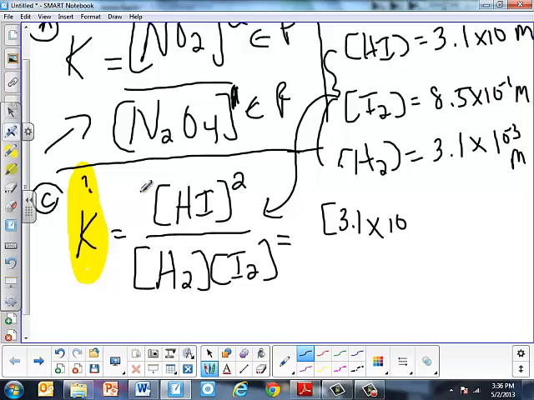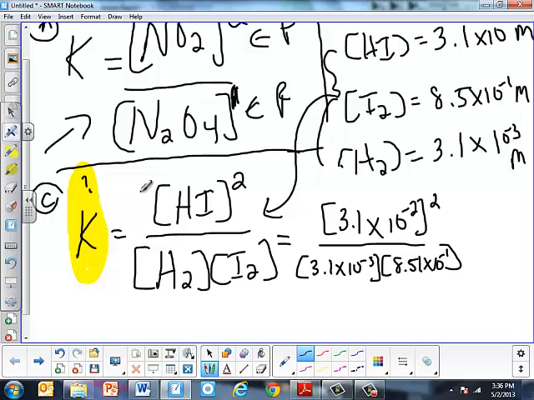I'm going to have 3.1 times 10 to the negative second, and I have to square it, over 3.1 times 10 to the negative third times 8.5 times 10 to the negative first. All I did was take these numbers and plug them in. My hydrogen goes in for my hydrogen, my iodine goes in for my iodine, my hydriodic acid goes in there. And I solve for it.